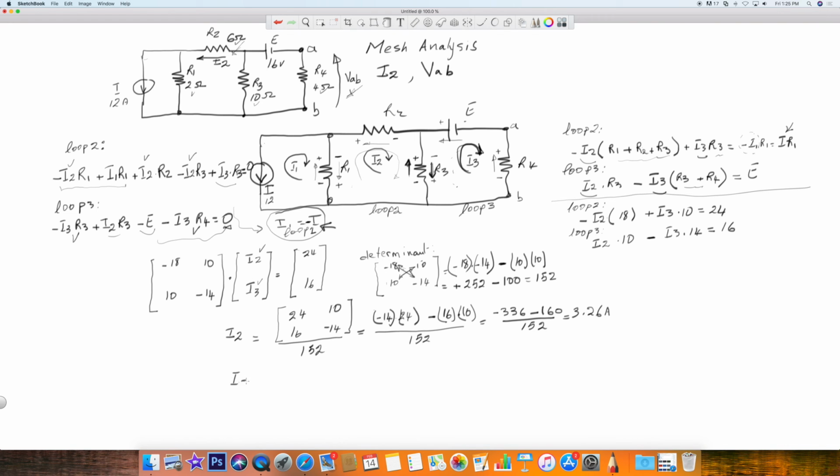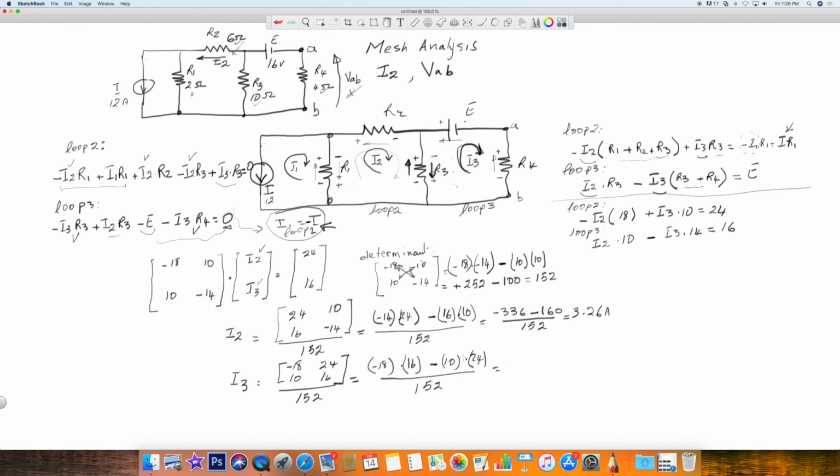All right, so can we solve for I3? Same thing. We'll do I3, except this time you're going to leave your minus 18 here, your 10 over here, and replace the column of I3 with this, everything divided by 152. So we cross multiply, so that would be minus 18 times 16 minus 10 times 24, everything divided by 152.